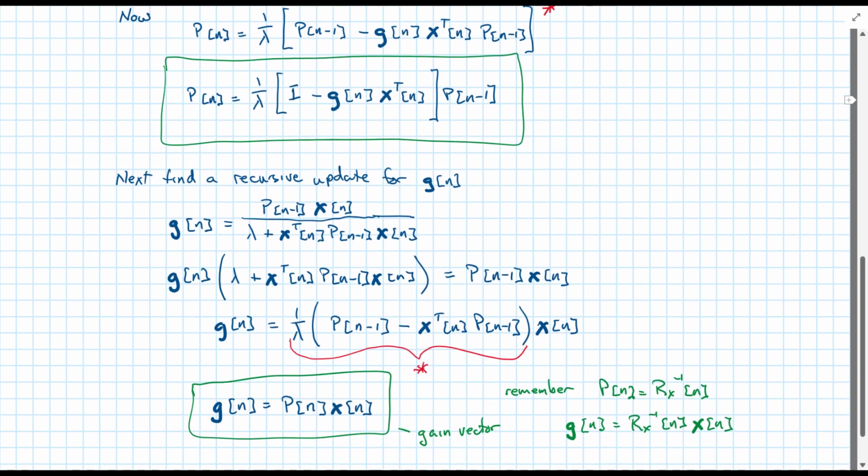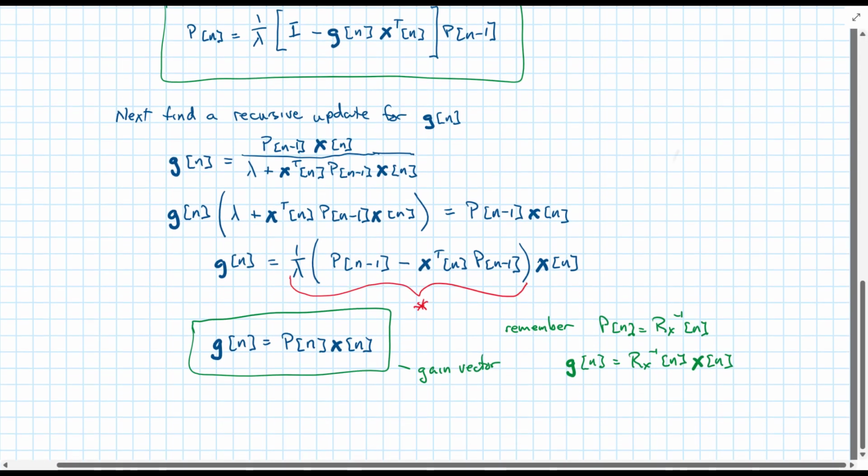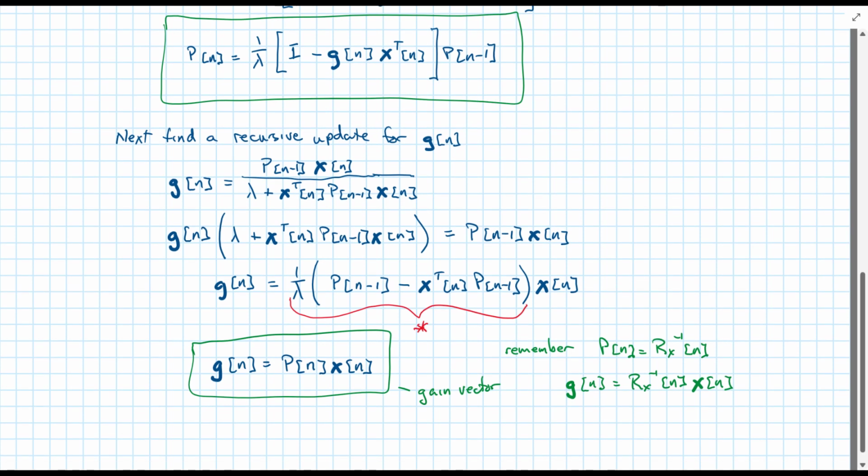So then we came up with an equation for the G factor. Actually, we had that right up above. And we thought, well, is there a recursive way to get at that? And we found that there was. But some of you may have noticed that we have a problem.